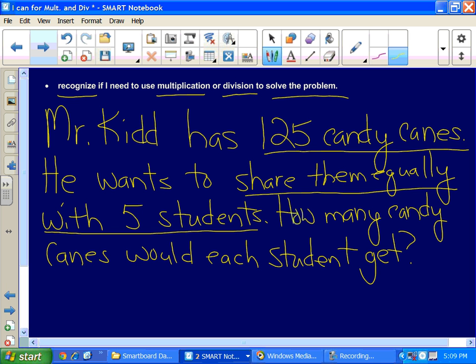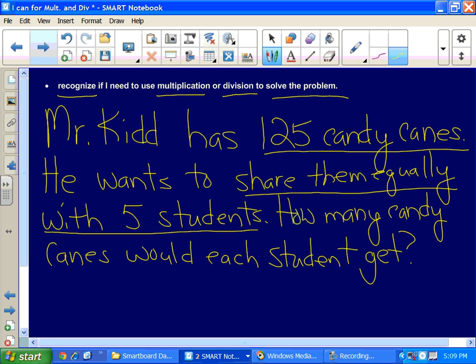So we know if we have the total and how many groups there are, then we know that this is a division because we know those two parts of the equation, but not how many is in each group.